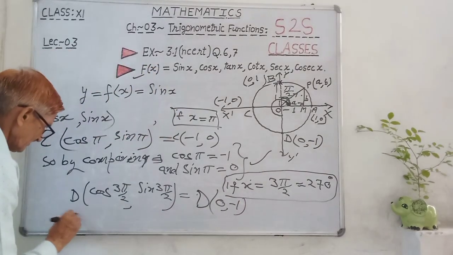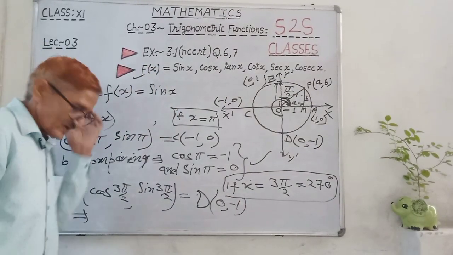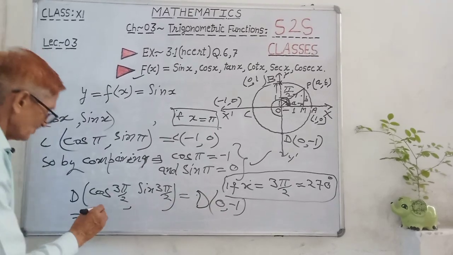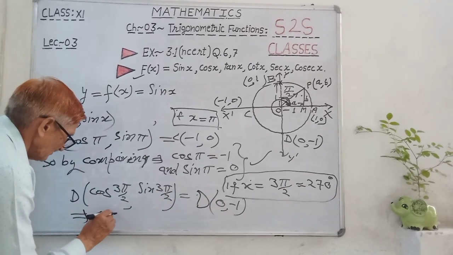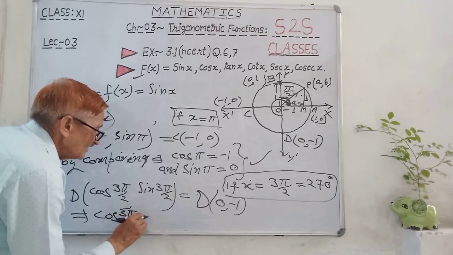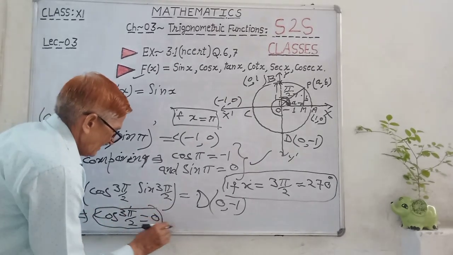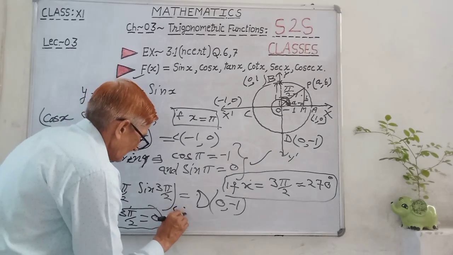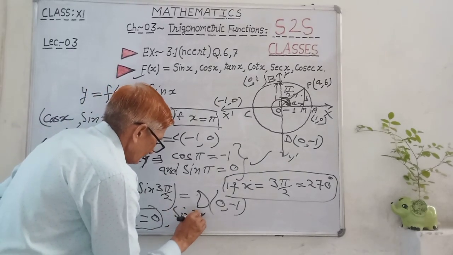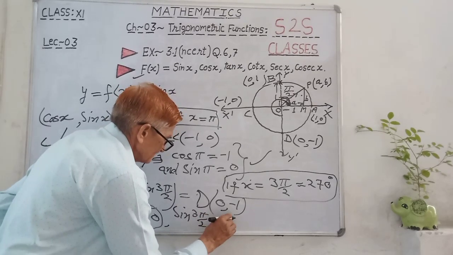It means comparing from both points, same point D, x coordinate with x coordinate, then cos 3 pi by 2 value is equal to 0. Okay, and sine 3 pi by 2 value is equal to -1.